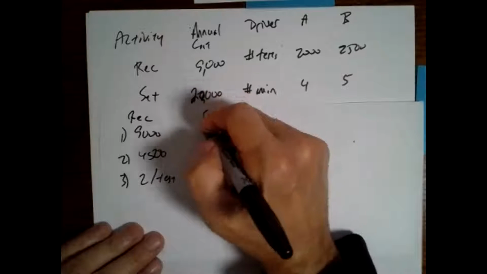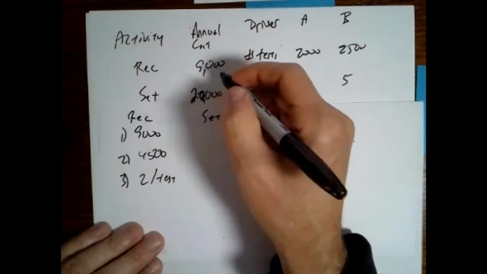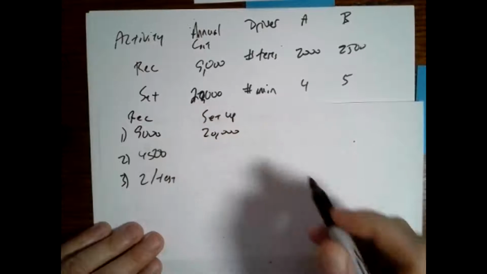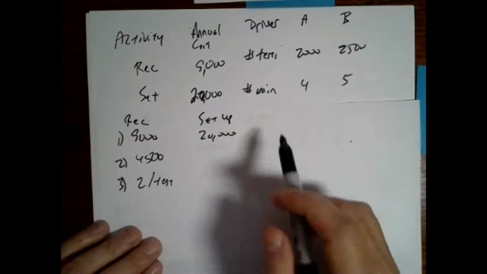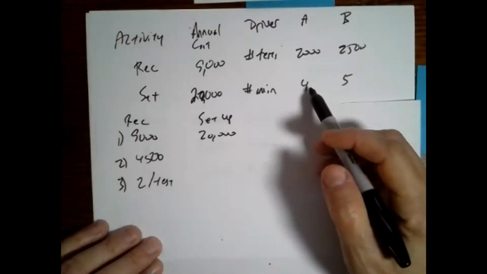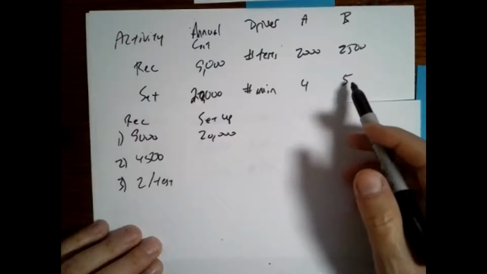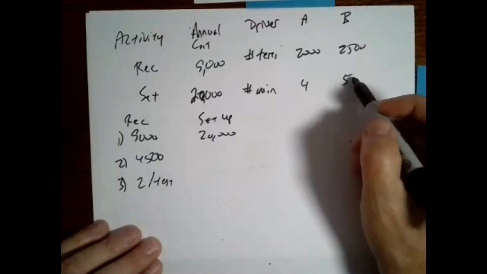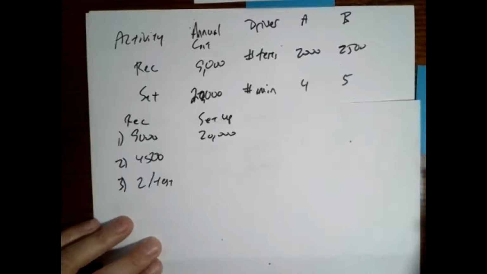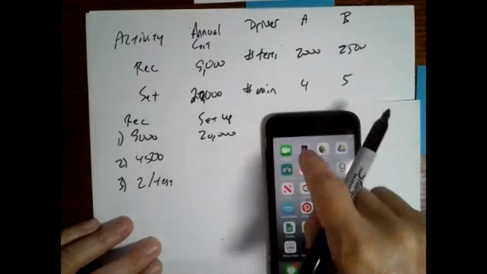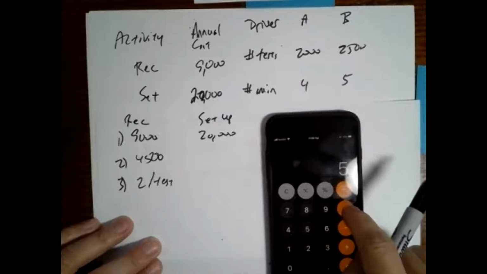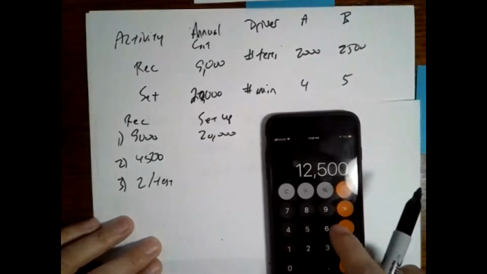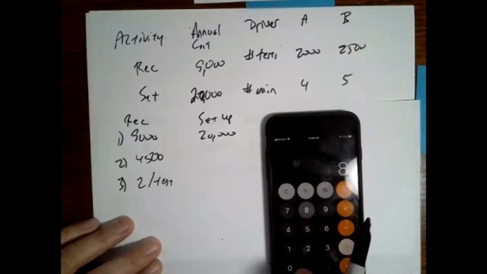What about setup? The cost pool is 20,000. The driver is the number of minutes. We do 4 minutes per test A, 5 minutes per test B. We do 2,500 test B's, so 5 times 2,500 is 12,500, plus 4 times 2,000 is 8,000.